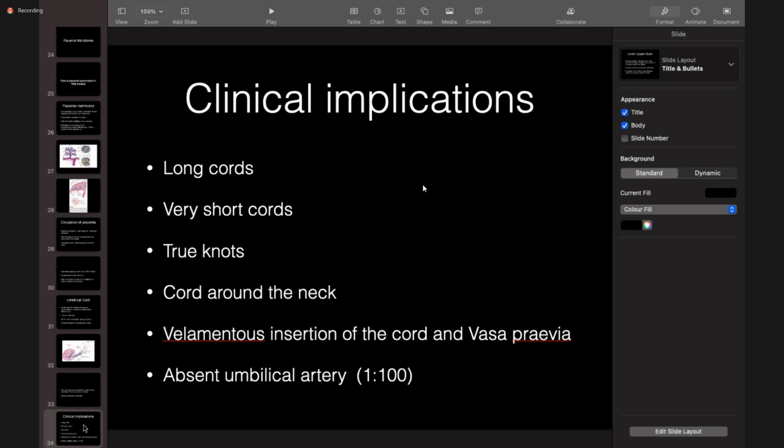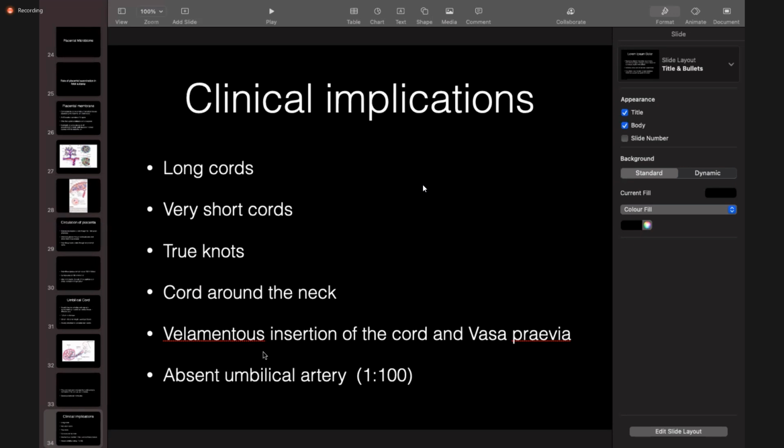We talked about the range of clinical implications of the placenta and membrane. So this velamentous insertion is a bit of an MCQ thing. It's a rare condition. Normally the cord comes and inserts to the placenta in the central part.